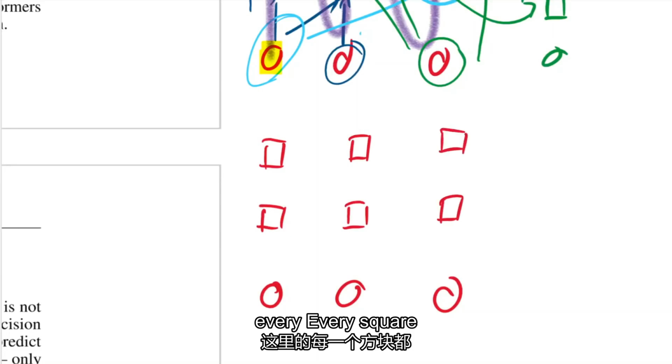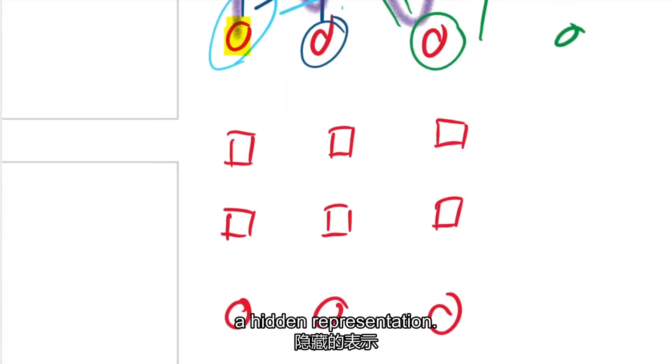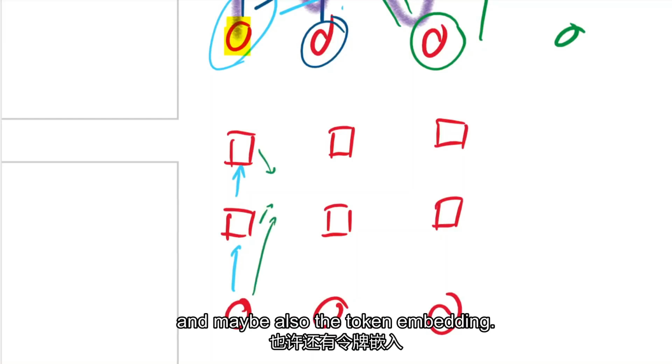Every square here is a hidden representation. What we're going to do is, for each token, after the information has passed and we've computed these hidden representations, we're going to mash them together. We're going to take them, and maybe also the token embedding, and build one so-called memory representation of that token. So all of this is now incorporated in this memory representation.